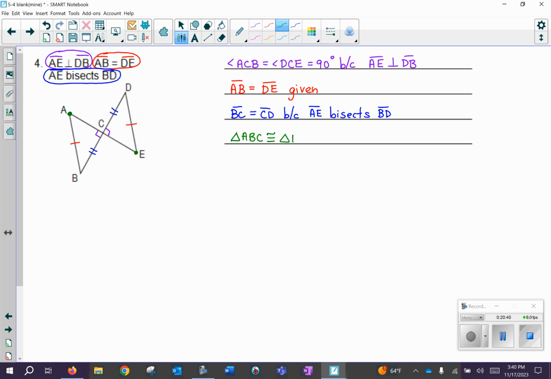So E corresponds to A. From A, if we go to B across the red line, then I have to go from E across the red line to D. And by default, C is left. And that is by HL, hypotenuse leg.